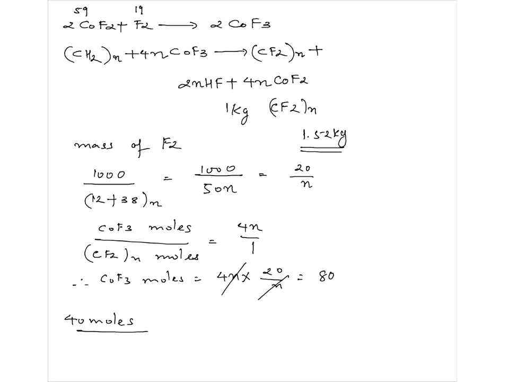Let's take another problem. Again, based on some sequence. Again, it's a polymer. Does anyone recognize this polymer? CF2, CF2, CF2, CF2, n times. It's a very famous polymer, and I think you know it.